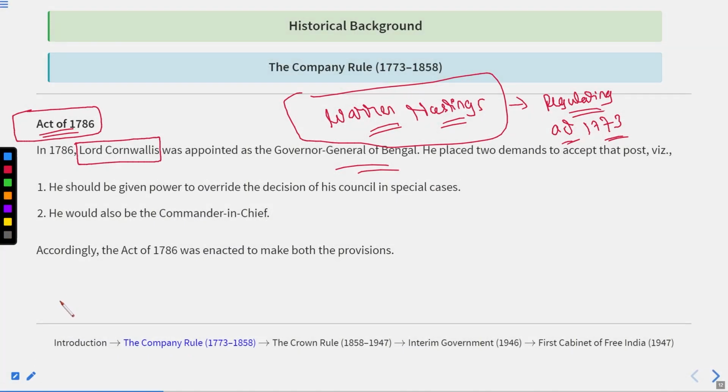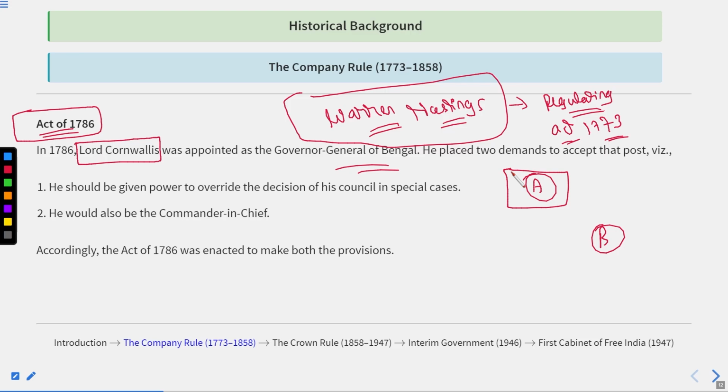So what Cornwallis demanded was that he must be given power to override the decision of his council in special cases. Like his council wants him to go with plan A, but he wants to go with plan B. As per the legal mandate, he is required to obey the decision of the council. Okay.